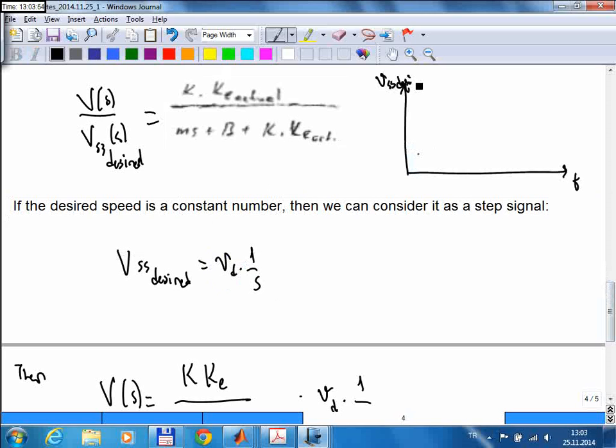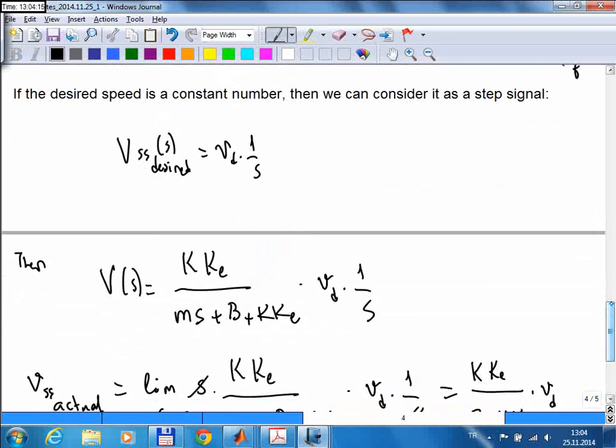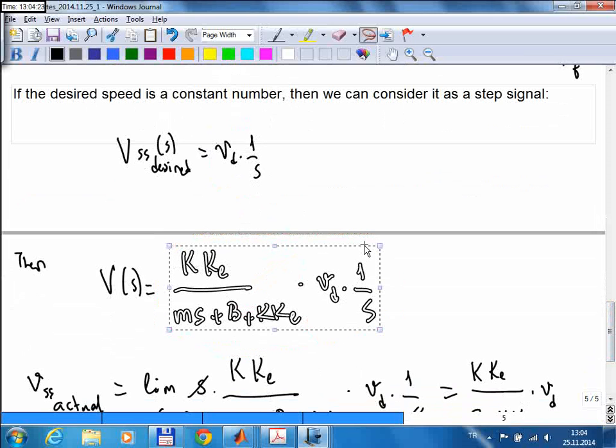So this desired speed is a step signal with magnitude Vd, in which case the Laplace transform of that becomes Vd times 1 over s. This is a function of s. Now we take this and multiply it with the closed loop transfer function, and this gives us the speed of the car.